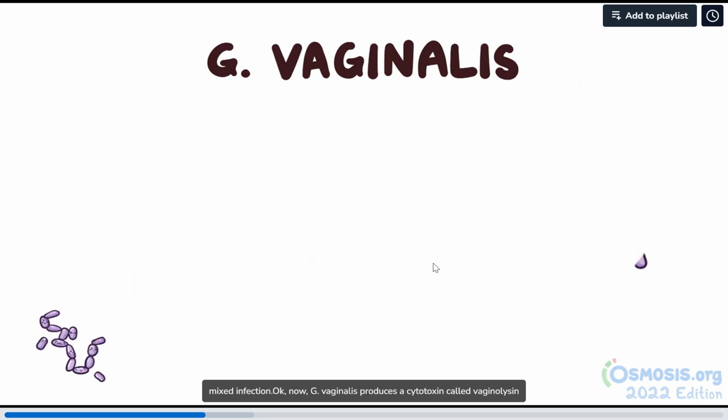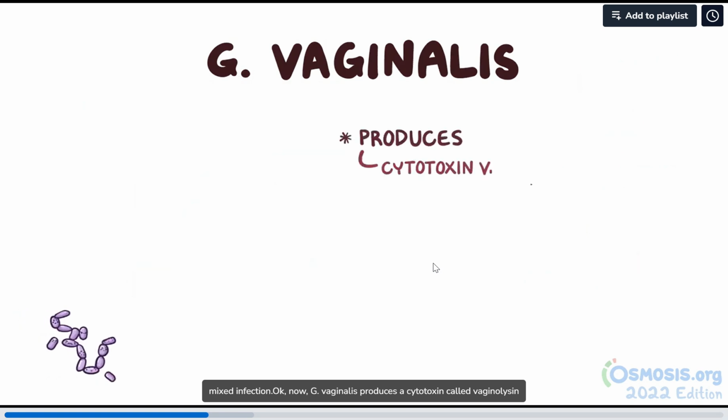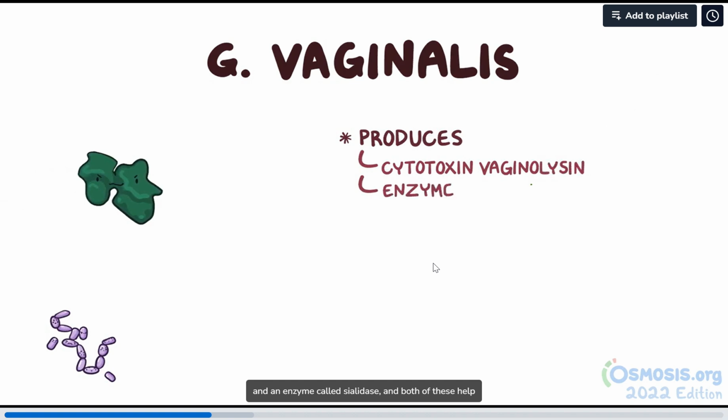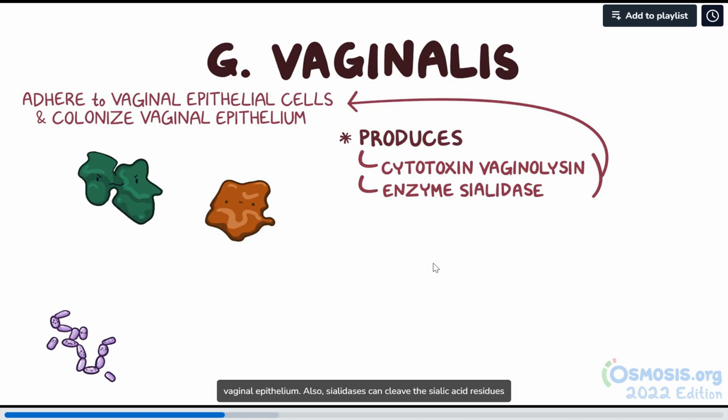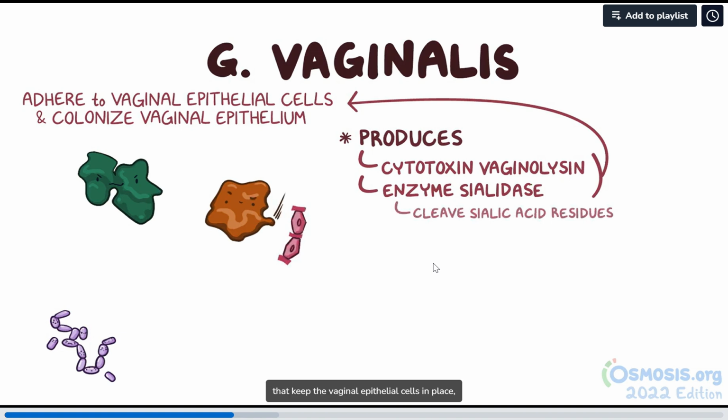Okay, now G. vaginalis produces a cytotoxin called vaginolysin and an enzyme called sialidase. And both of these help it adhere to the vaginal epithelial cells and colonize the vaginal epithelium. Also, sialidases can cleave the sialic acid residues that keep the vaginal epithelial cells in place.